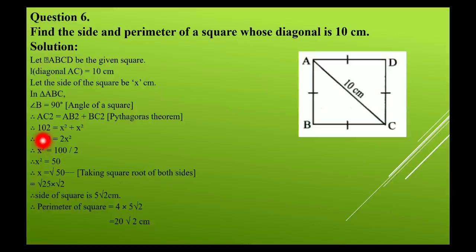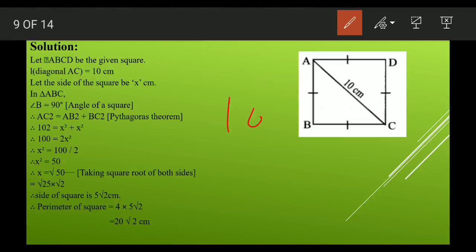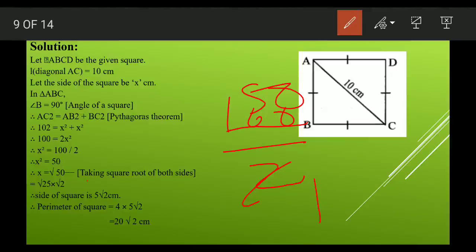AC is 10, so 10 square is equal to x square plus x square. Why have I written x square? Because AB and BC are the sides of the square, and I have considered the side to be x. So 100 is equal to 2x square. x square is equal to 100 divided by 2, which is 50.